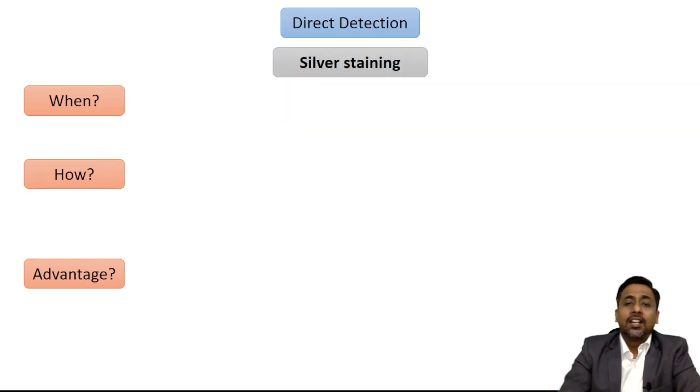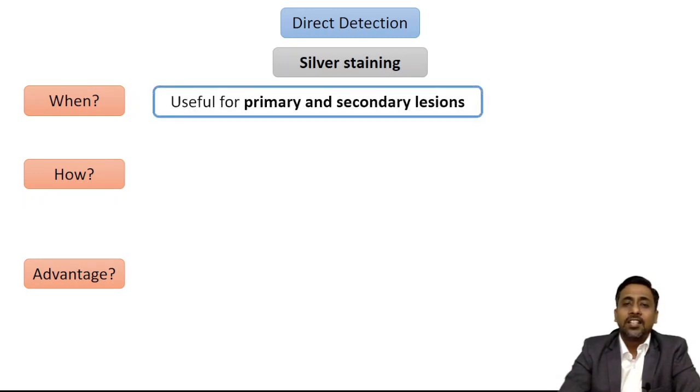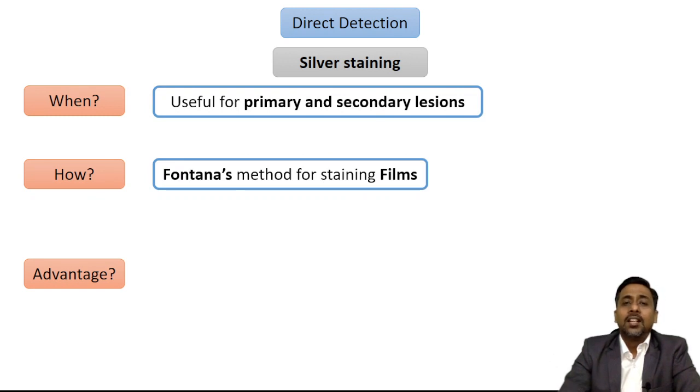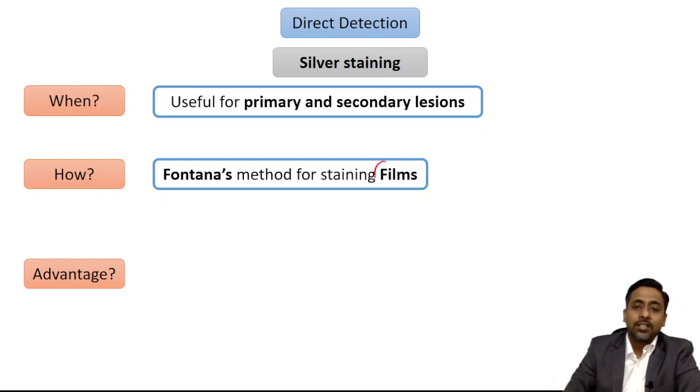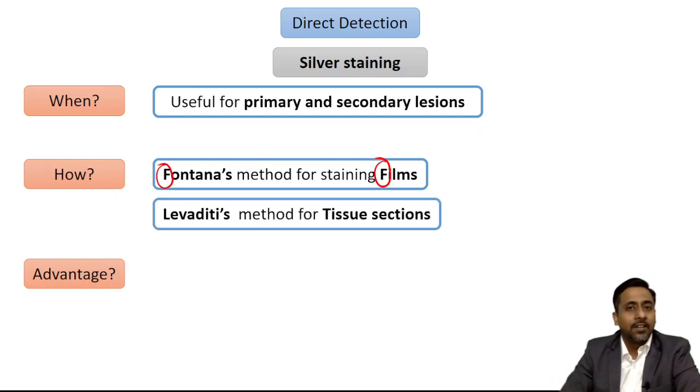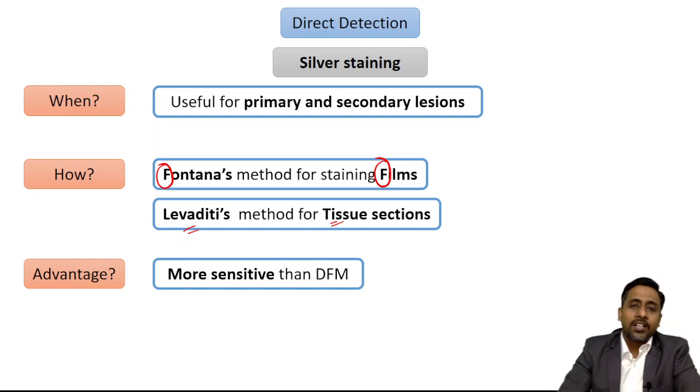Now coming to the last method of direct detection, that is silver staining. And when to perform the silver staining? Obviously, when the primary and secondary lesions are present. The silver staining method has 2 types. One is Fontana's method, which is used for staining films. So you can remember it like F for film, F for Fontana. And the second method, which is used for staining tissue sections, is Levaditi's method. And the advantage: it is more sensitive than direct fluorescent microscopy.